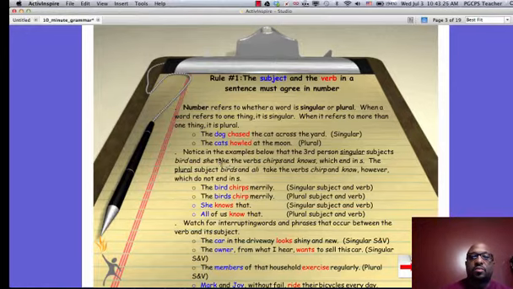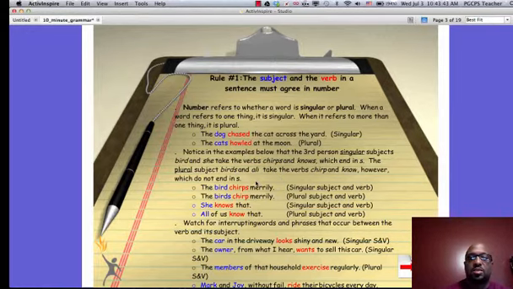All right, so notice in the examples below that the third person singular subjects bird and she take the verbs chirps and knows, which end in s. The plural subjects birds and all take the verbs chirp and know, however, which do not end in s.